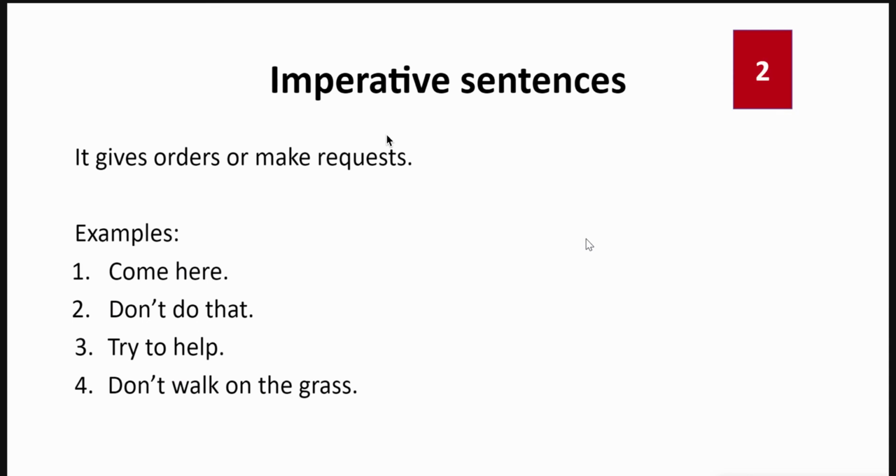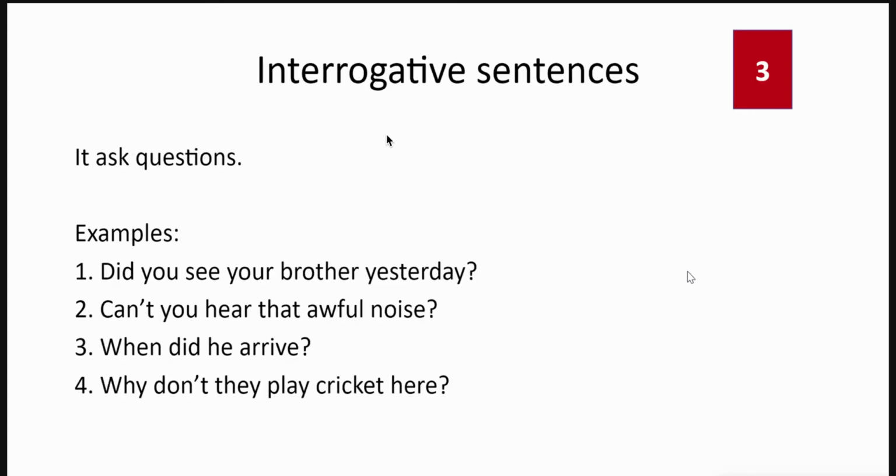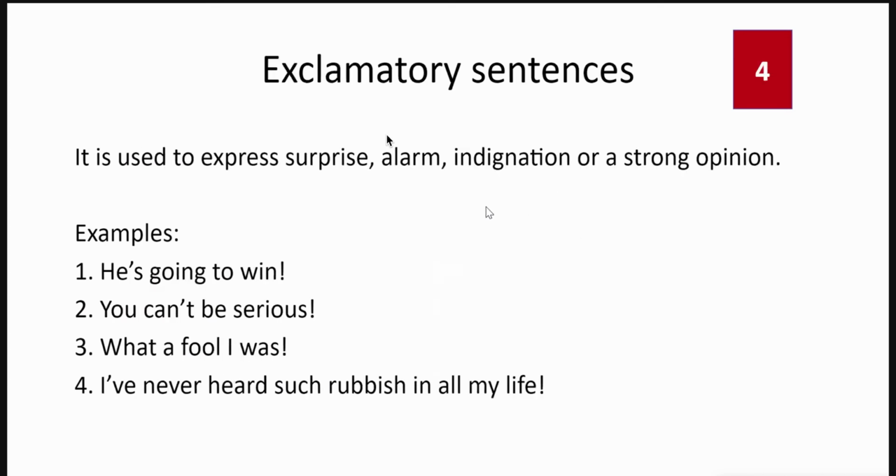The second type is imperative sentences. It gives orders or makes requests, such as, come here, open the door, don't walk on the grass, don't do that. Perintah. Interrogative sentences, questions. Did you see your brother yesterday? Can you hear that awful noise? Interrogatif itu adalah pertanyaan. Ada juga exclamatory sentences.